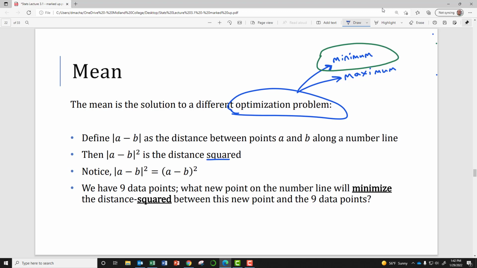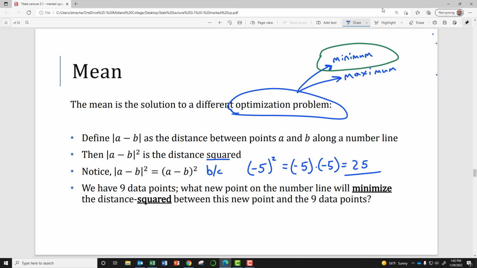And then if I just take away the absolute value, you'll notice that it doesn't really change anything, because if you take a negative number and then square it, that would be like negative 5 times negative 5, which you know is positive 25. So squaring a negative number always gives you a positive.